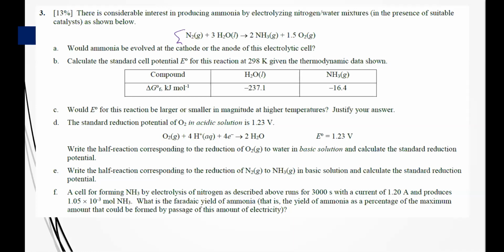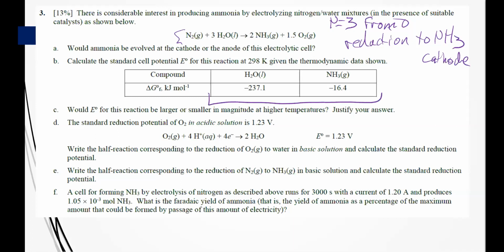It's gaining, because our N is going to a -3 from a 0. So it's going to be a reduction to NH3. And if we're reducing something, then this is going to happen at our cathode. The oxidation will happen at our anode. So we're going to make that NH3 at our cathode. That's where we're going to capture it from. The one on the anode is going to be our oxygen gas.